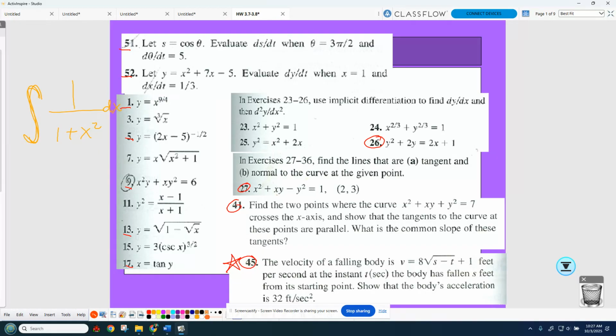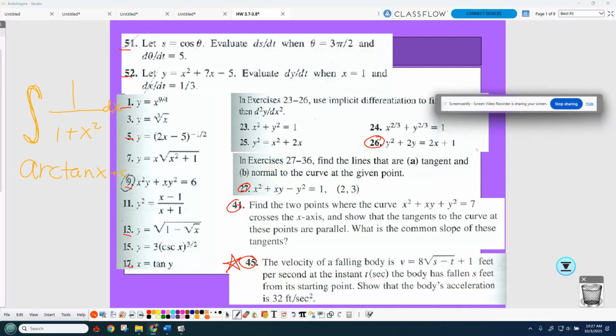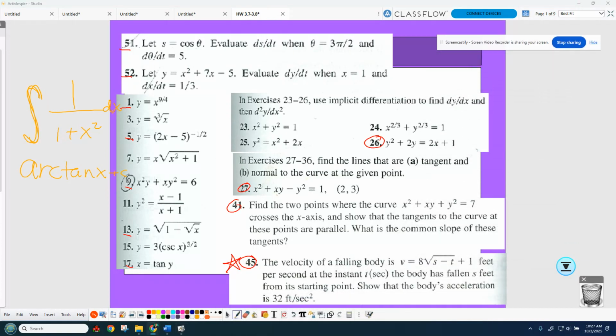Not tangent, but arctan. So, ta-da, you just integrated. And then there's a little plus C thing that we'll talk about later. But that's the integral. How do you do that integral? You just know the pattern. So if derivatives aren't clicking for you right now, we need to get better at it.